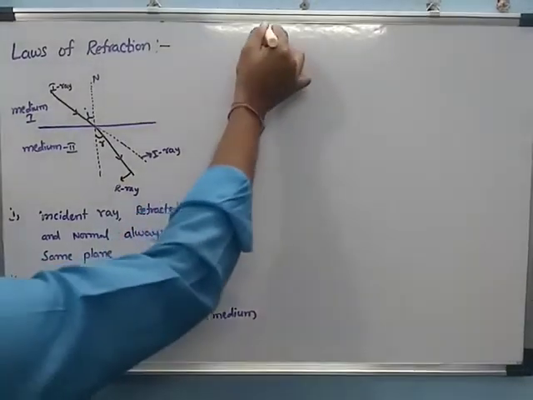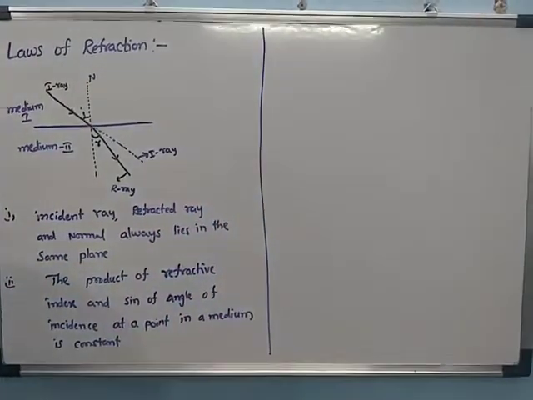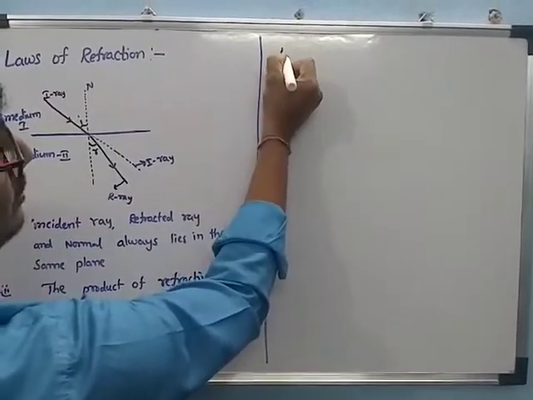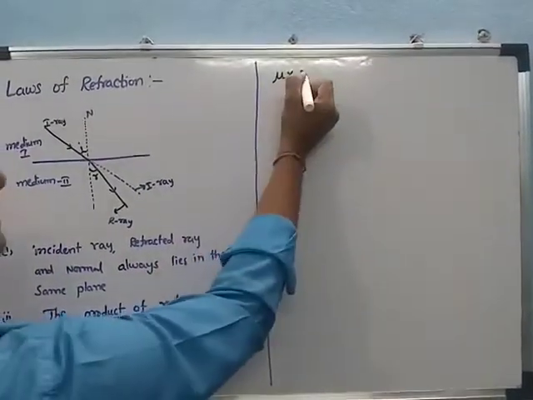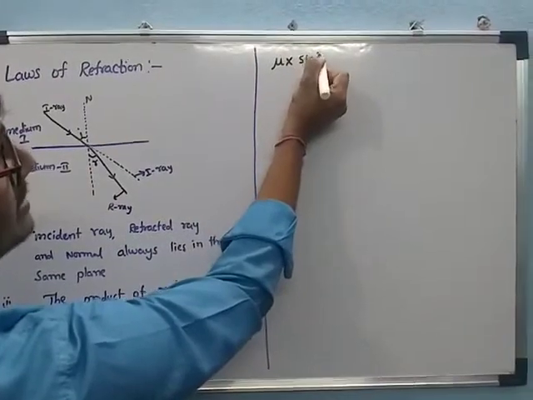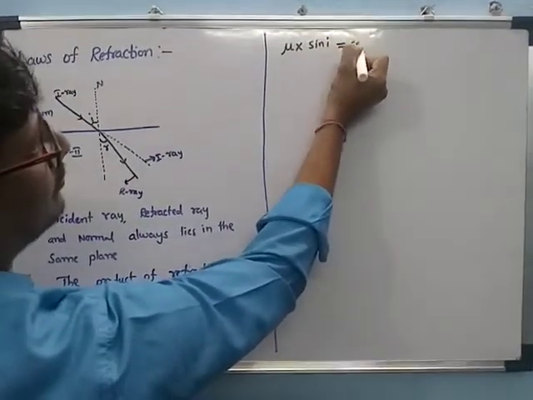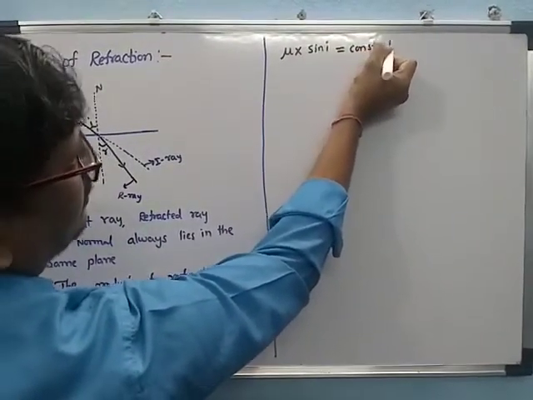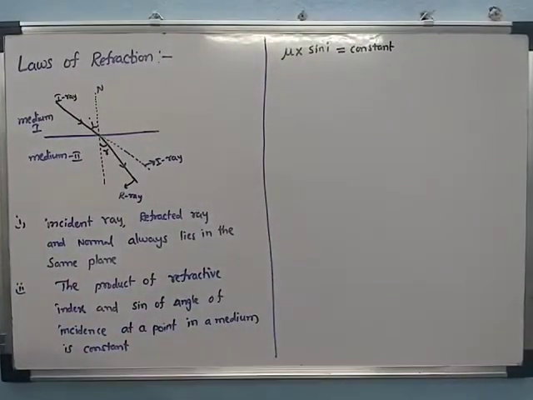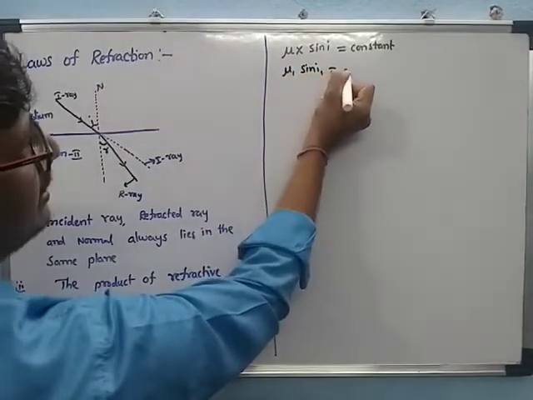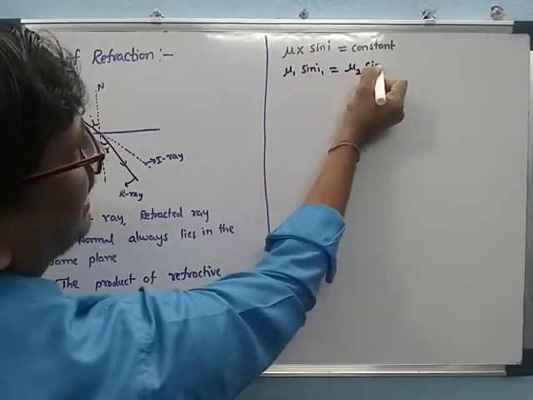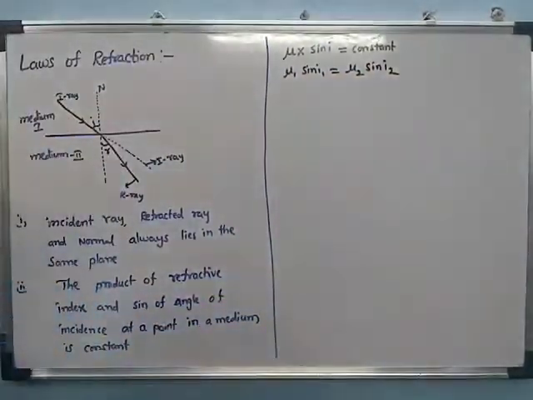That means we can write the refractive index, denoted by nu, into sine of angle of incidence, denoted by I, is equal to a constant. Then we can write nu 1 sine I1 is equal to nu 2 sine I2 is equal to constant.